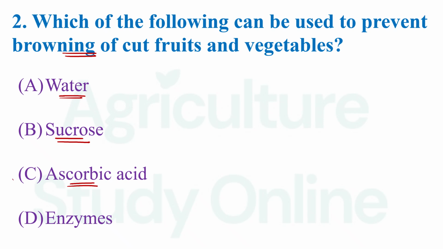The correct option is C, ascorbic acid, since it acts as an antioxidant which prevents the oxidation and it can stop the browning reaction. And enzymes, like for example polyphenol oxidase, actually cause the browning, so they will not prevent it. So we can say that ascorbic acid stops the browning by preventing the oxidation process.